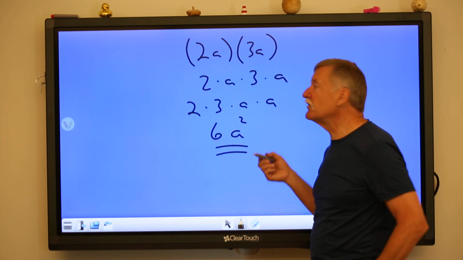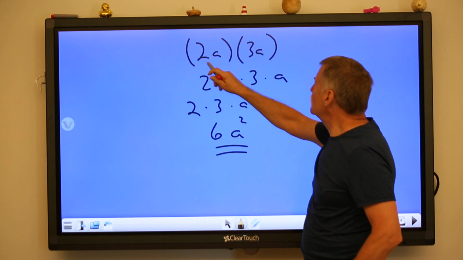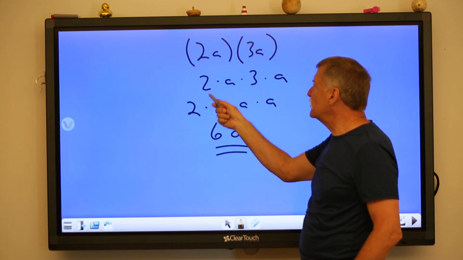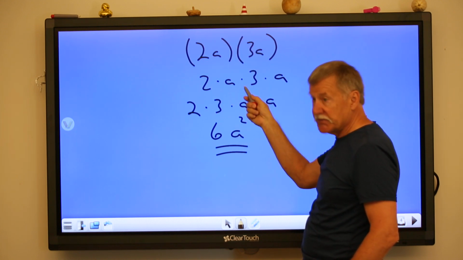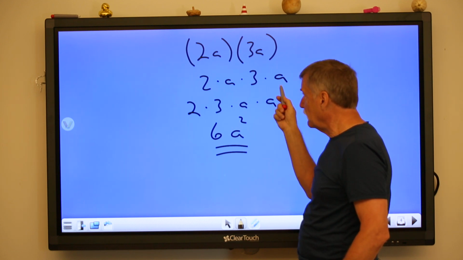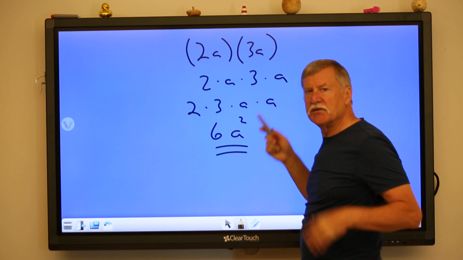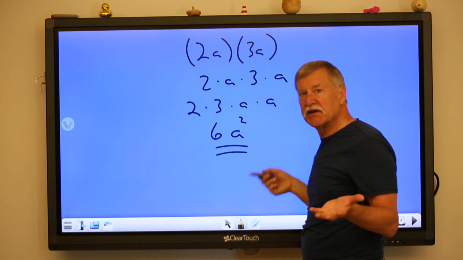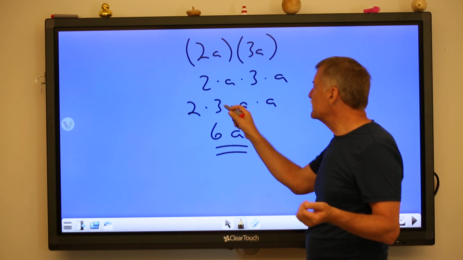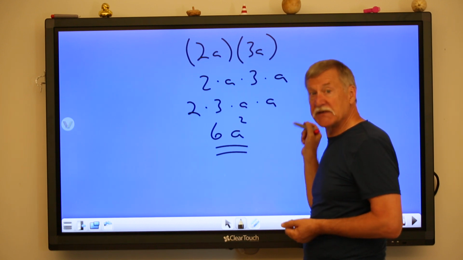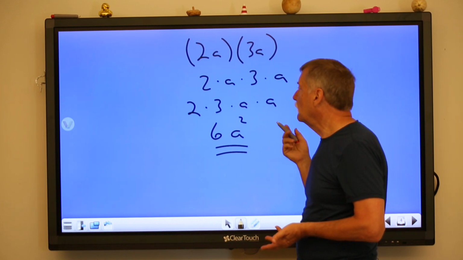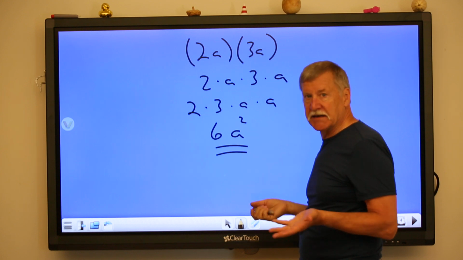We use the commutative property. 2a times 3a can be thought of as 2 times a times 3 times a. All right, it's just one long multiplication problem. And using the commutative property, we can switch things around. 2 times 3 times a times a. All right, well, 2 times 3 we can do, that's 6.